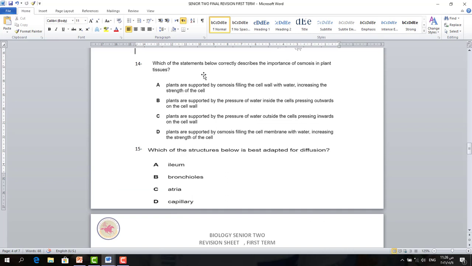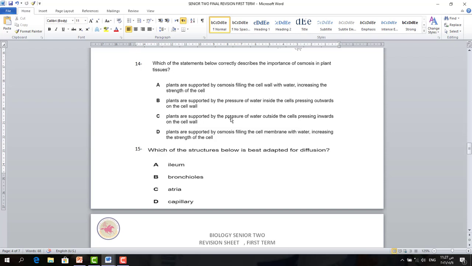Number 14. Which of the statements below correctly describes the importance of osmosis in plant tissue? Plants are supported by osmosis, filling the cell wall with water, increasing the strength of the cell. Plants are supported by the pressure of water inside the cell pressing outward on the cell wall.